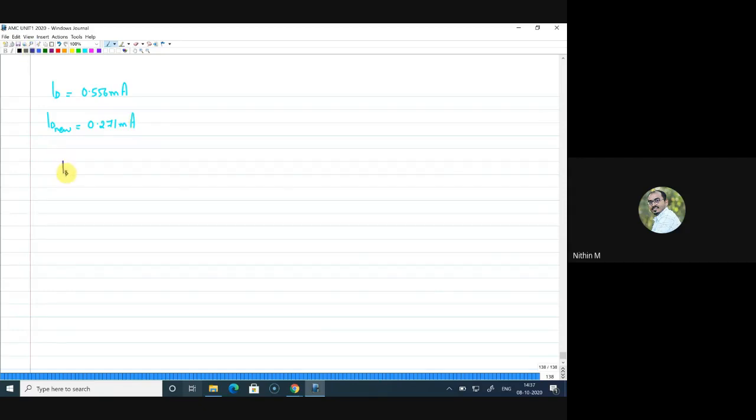I know that drain current ID is equal to half mu n Cox. This is not going to change the region of operation of the transistor, so this remains the same.